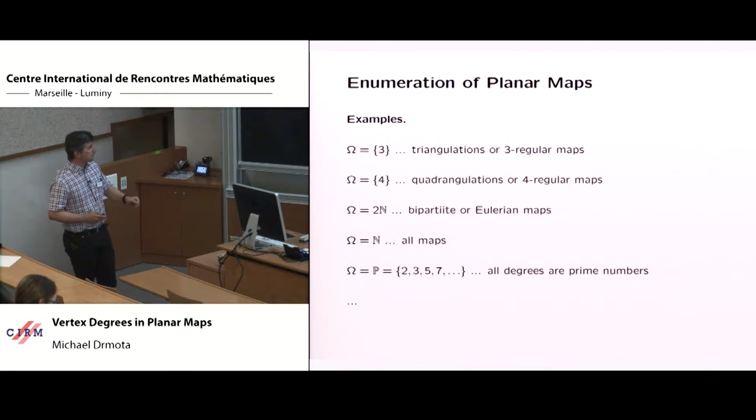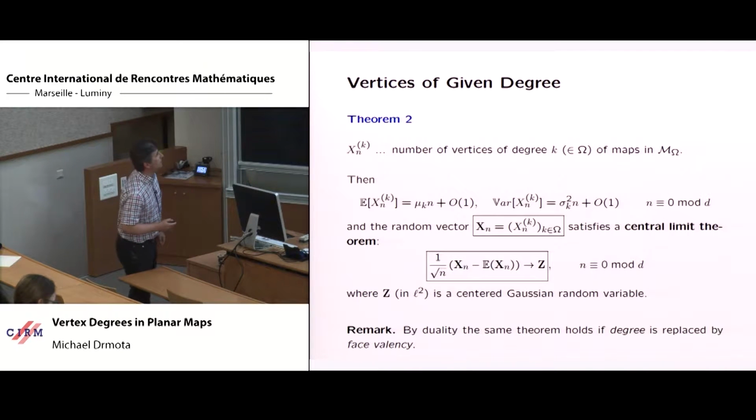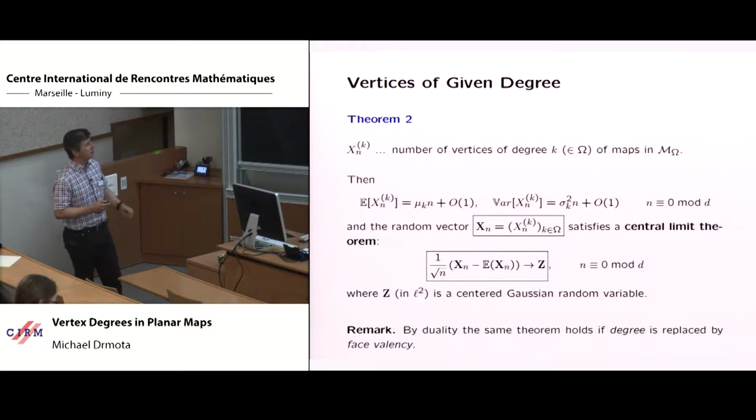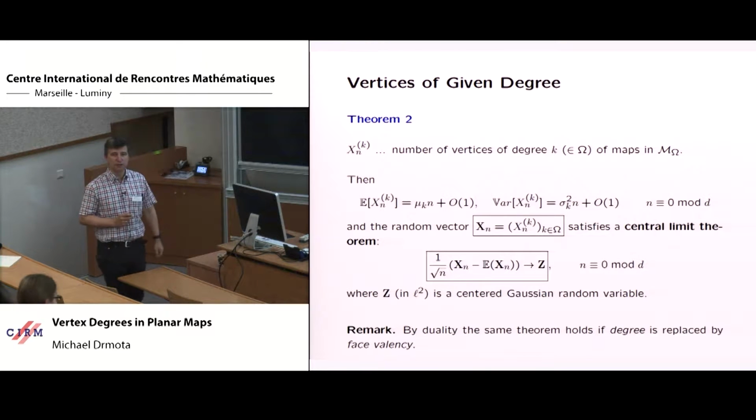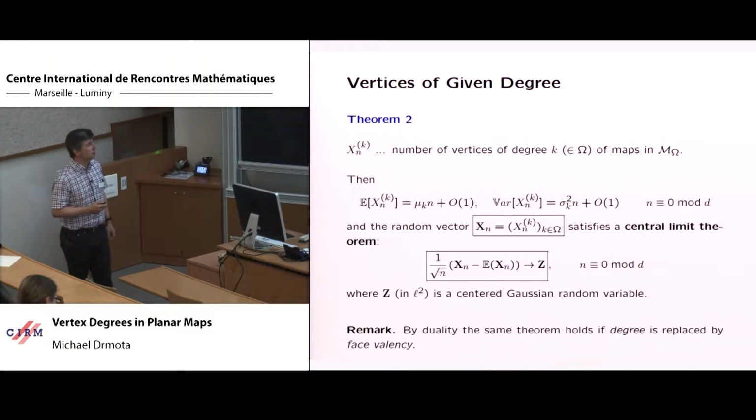And the second theorem refines the theorem that I mentioned before together with Panagiotou. Again, I consider the number of vertices of degree k, but not in general maps, but now in these maps M omega, where omega is an arbitrary subset of the positive integers.